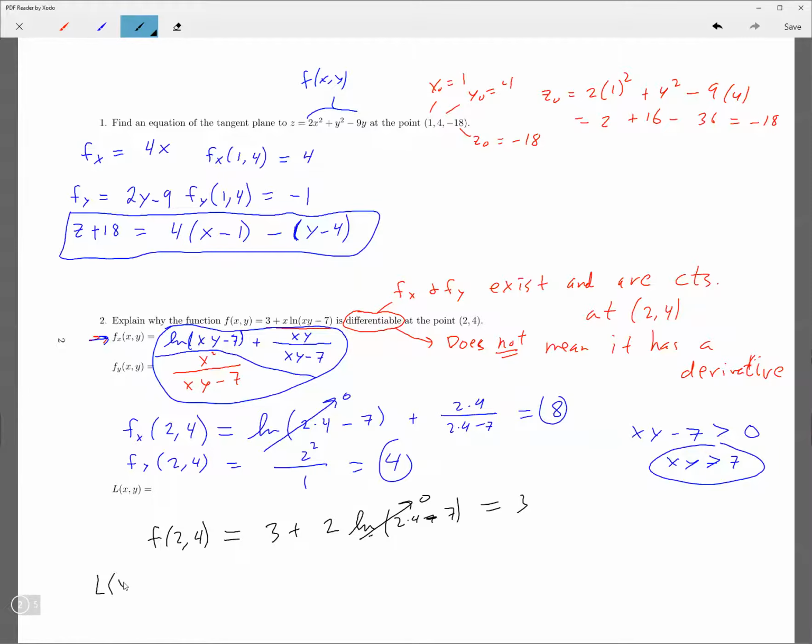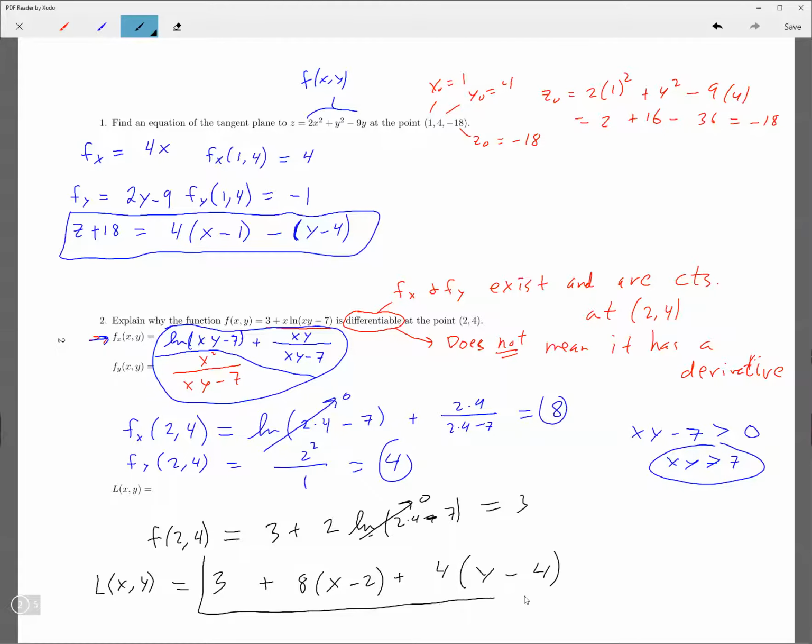Okay, so that means that the linearization at this point is going to be 3 plus the partial of x, which is 8, times x minus 2 (x minus x naught), plus the partial of y, which is 4, times y minus y naught, y minus 4.